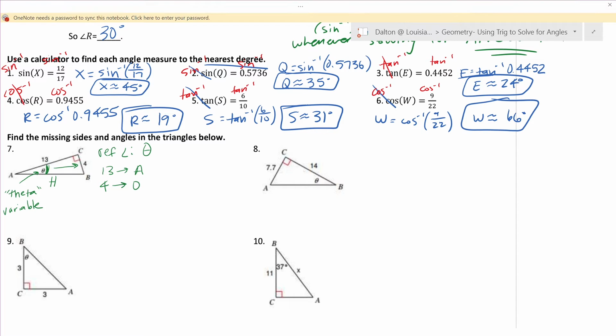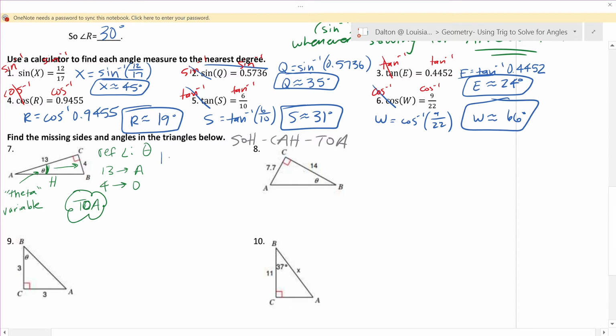So if you have SOHCAHTOA written out, you're going to ask yourself, sine, cosine, or tangent, which one has A and O? Well, it's the same one from our warm-up. It's going to be tangent, or TOA. Okay, so once you decide that, then we can go ahead and set up our problem.